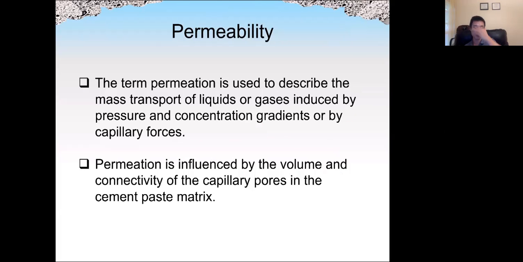Similar things for permeability. We mentioned permeability many times in early lectures. Permeability or permeation describes the mass transport of liquid or gases induced by either pressure, such as a water head, or a concentration gradient. If you have a difference in concentration in part of the concrete, that may push the transportation of the liquid and the ions to move.